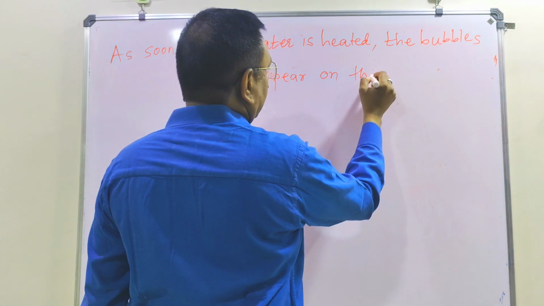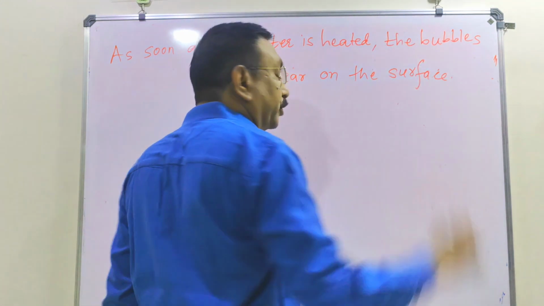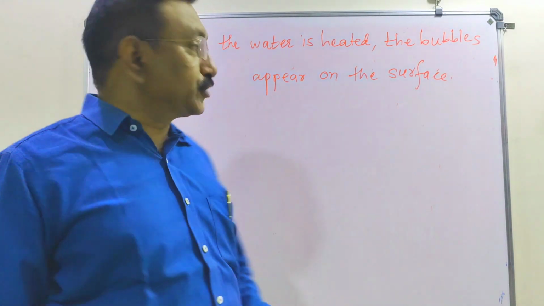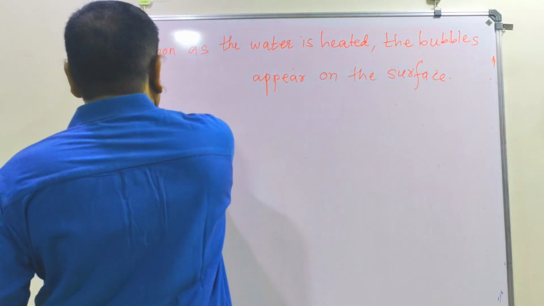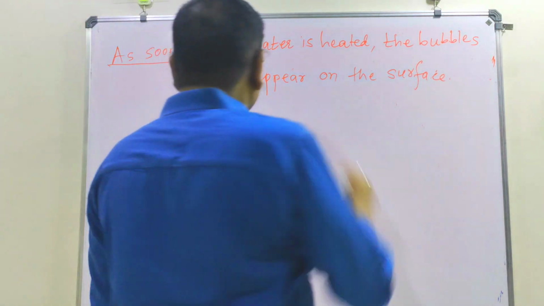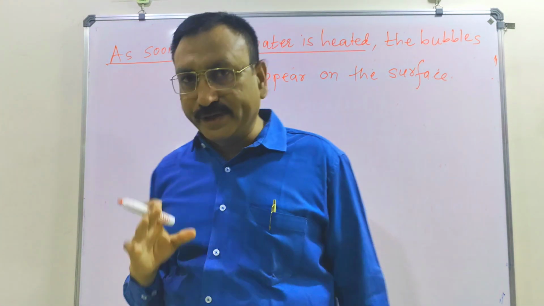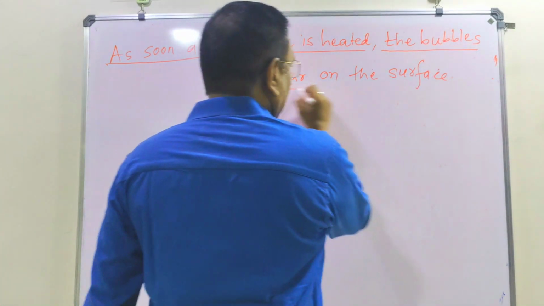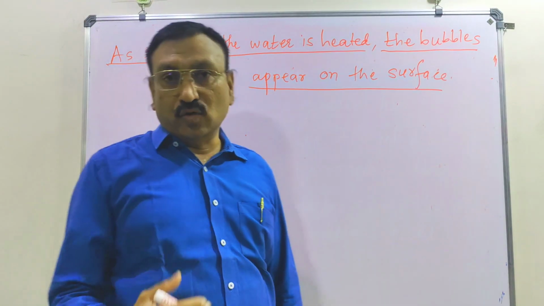So students, if you look at this sentence, it begins with the conjunction as soon as. This is the first clause: the water is heated. The bubbles appear on the surface is the second clause.